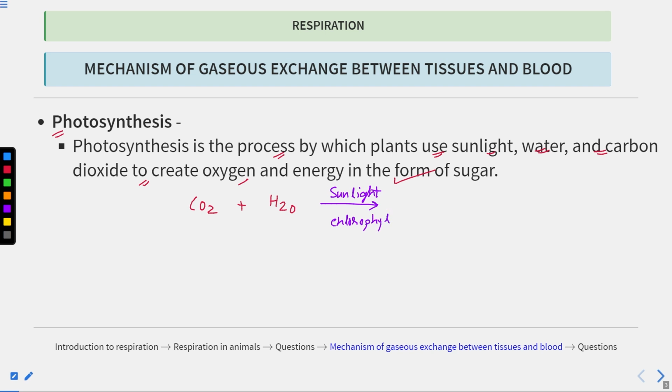In the presence of sunlight and chlorophyll, carbon dioxide, which is an inorganic molecule, combines with water. So what is happening here? The simple molecules are being converted into complex molecules. So what is formed?